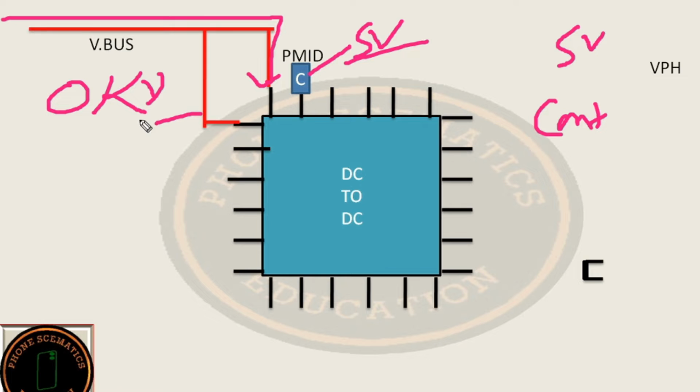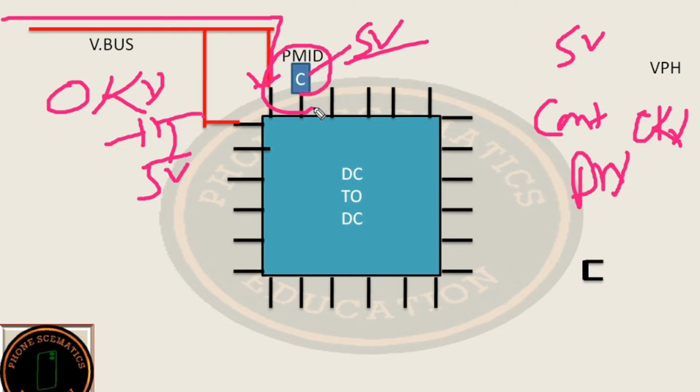Or if you get 5 volt on the last capacitor, but you did not get 5 volt on the PMID gap, that means the line is broken somewhere, not connected properly between the IC and under the IC. The pad may be dry or loose. If you get 5 volt here, that means all the VBUS line is proper, okay.